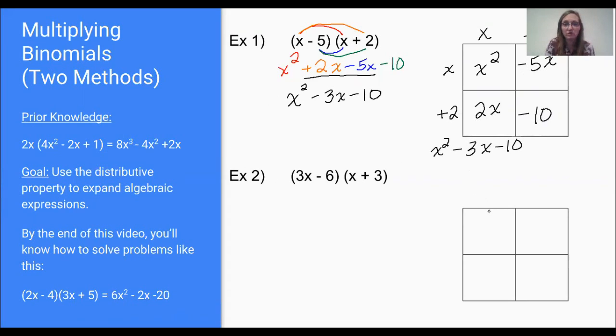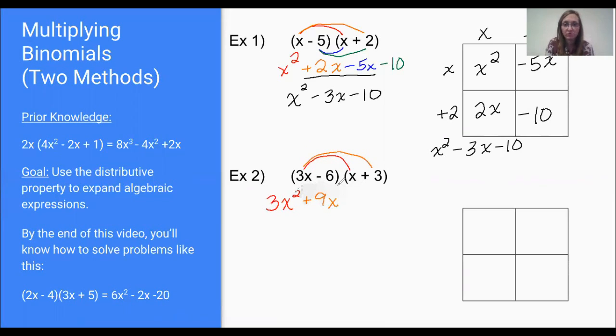We'll take a look at one more just to make sure that you understand how this works. So again, I'll do the color coding for example 2. We'll start by just doing 3x times x. So that'll be 3, and then x times x is x squared. So we've got 3x squared. Then we've got 3x times positive 3, which is positive 9x.